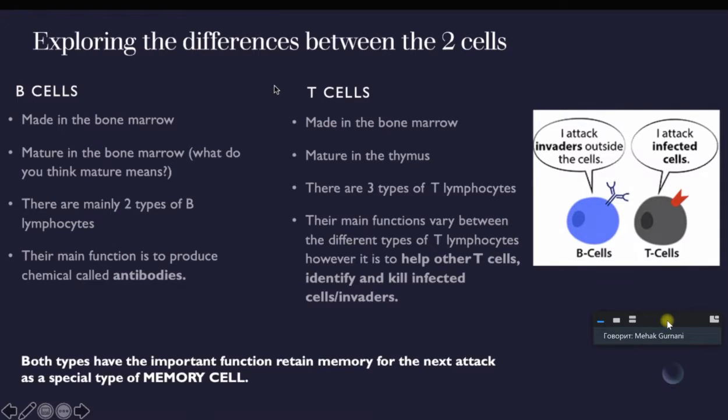But the main point for B and T cells is to produce special types of cells called memory cells. B cells have a memory type called B memory cells, and T cells have a type called T memory cells. It's a lot of words in one sentence, but both have types of memory cells with an important function that we'll discuss later on.